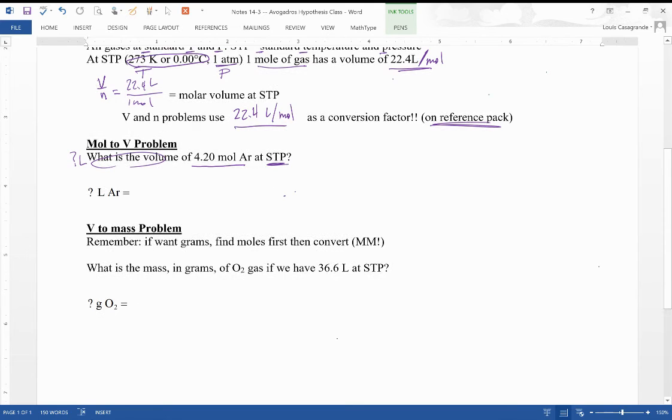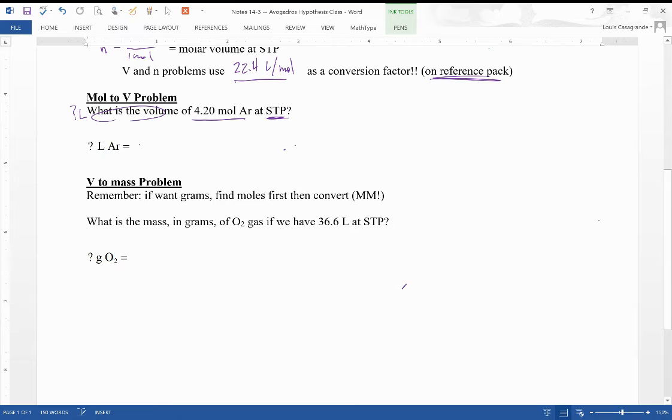So the volume of the gas, the liters of the argon, start off with our given 4.20 moles of argon. And then we're going to multiply that by our conversion factor.